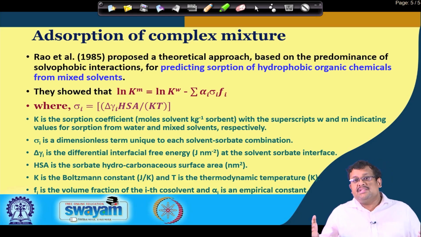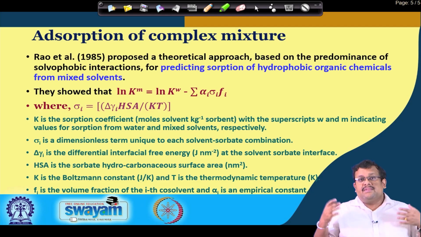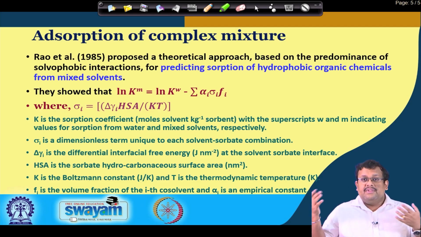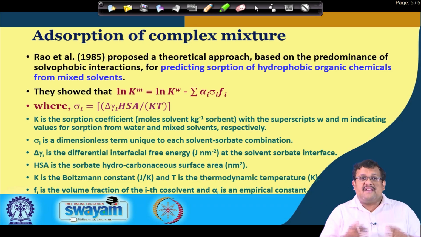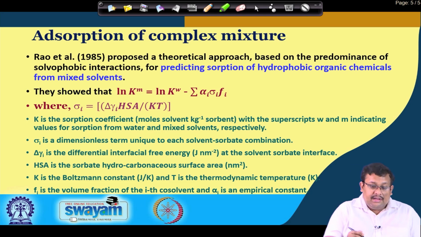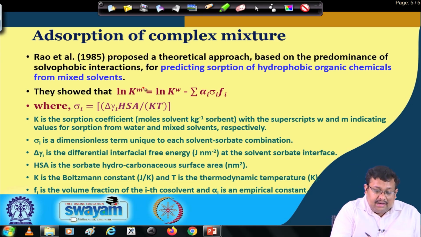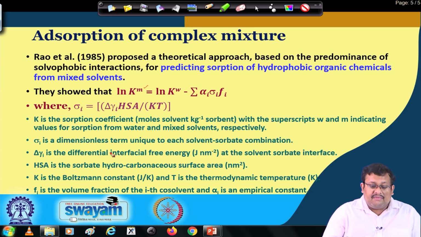Suppose there are mixed solvents and we want to adsorb some hydrophobic organic chemicals on the soil surface, then this reaction generally follows this theoretical equation, where ln Km is basically ln Kw minus the sum over i of alpha_i sigma_i f_i, where sigma_i denotes delta gamma_i HSA by kT.